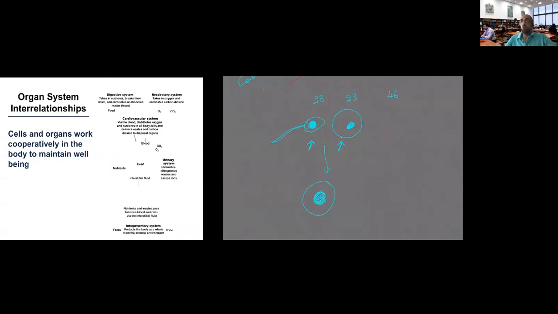You see on here, all those organ systems are going to be interconnected. They serve one another, and at the end, they maintain the internal body balance.